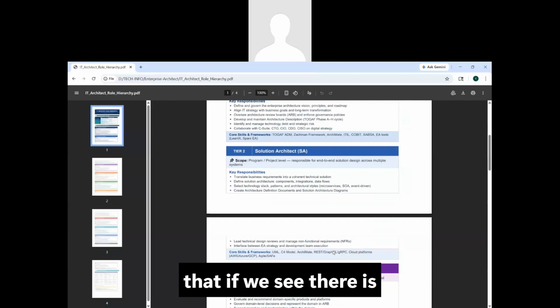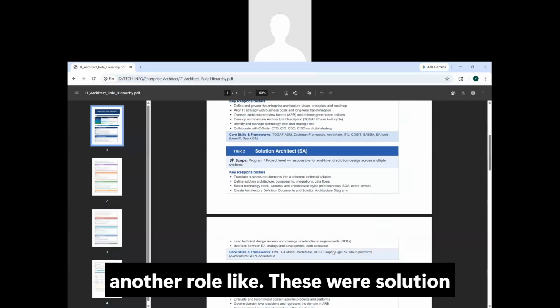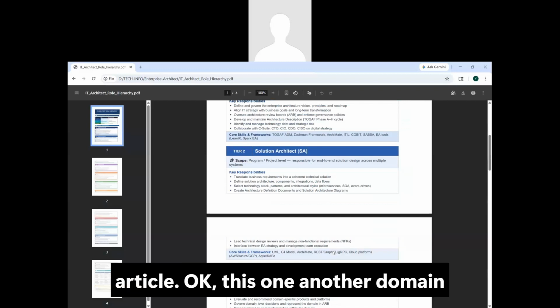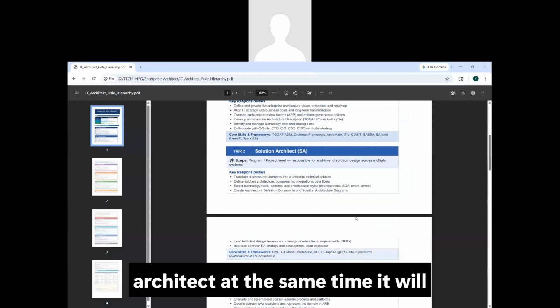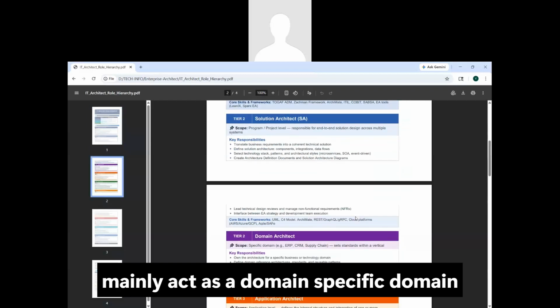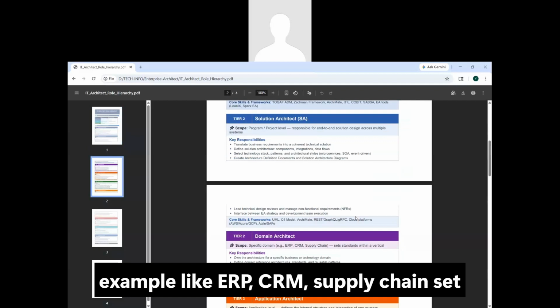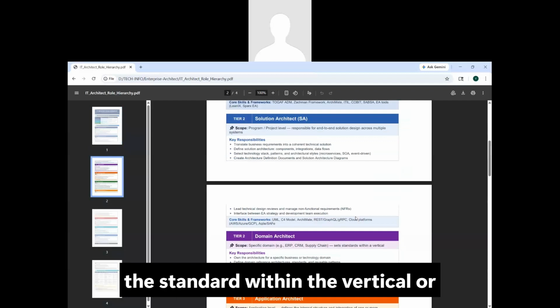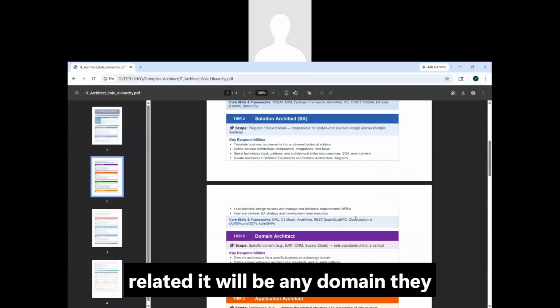Then there is another role, the domain architect, which is also tier two. He mainly acts as a domain specialist, for example ERP, CRM, supply chain, and sets the standard within the vertical. It can be any domain.